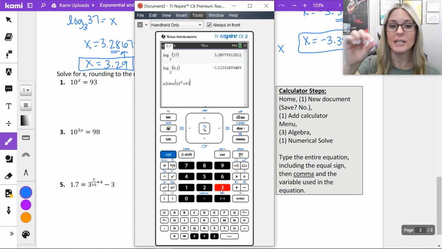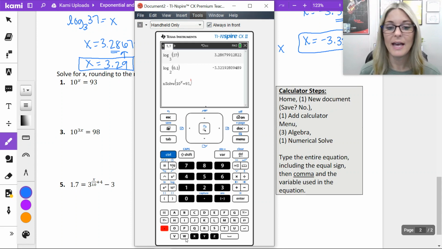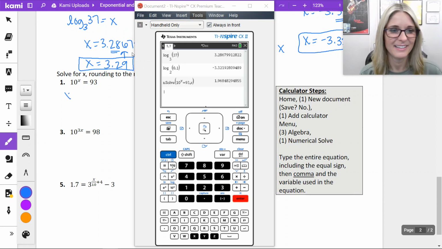Double check. Make sure you get your equals 93 out of the exponent. All we did was just arrow over. Now, last part, don't forget, comma, x. You have to tell it what letter it's solving for. And enter. Done. x equals 1.968. We're rounding to the nearest hundredth, 96. The 8 says round up, so 1.97.